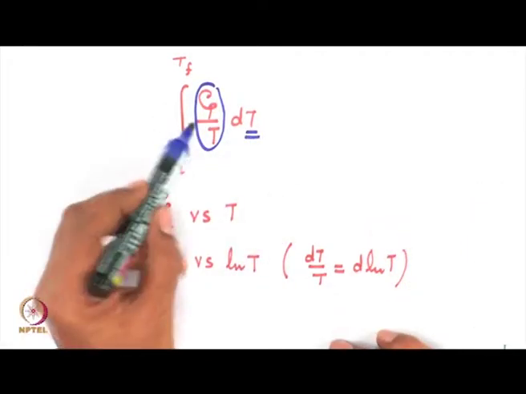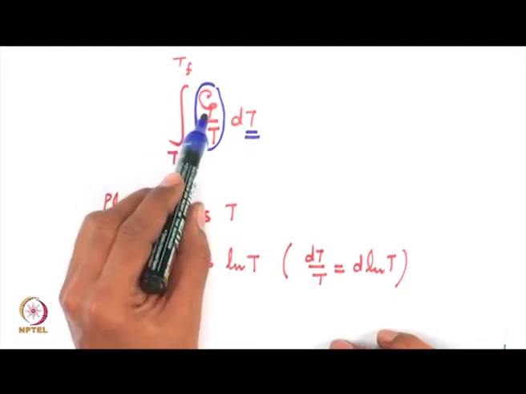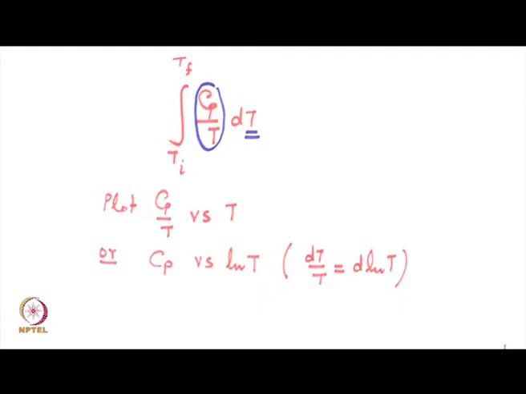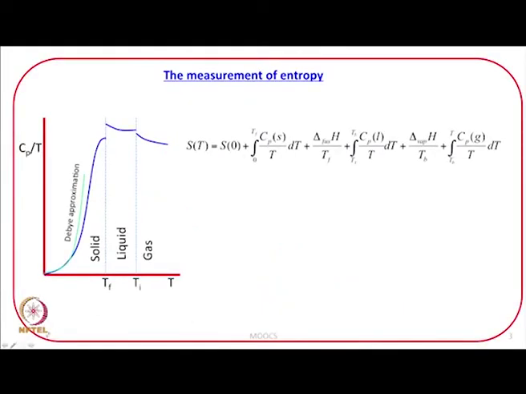That means, I need experimental measurement of heat capacity at constant pressure, and that is what is shown in the figure. This is experimental determination of heat capacity Cp, and you plot Cp by T against T. This is the nature, this is for the solid, and this area is for the liquid, and this is for the gas.